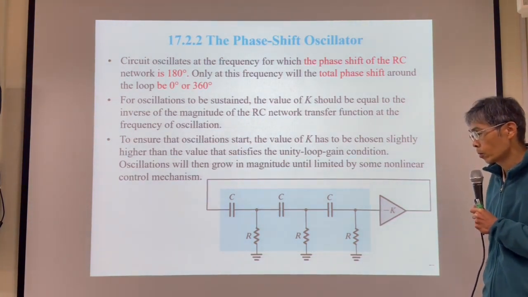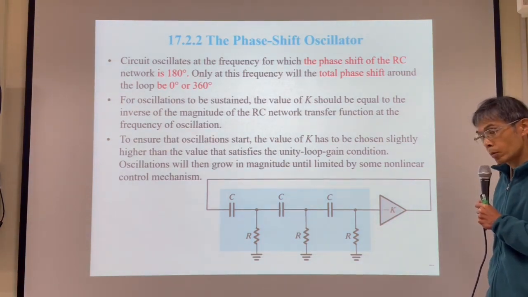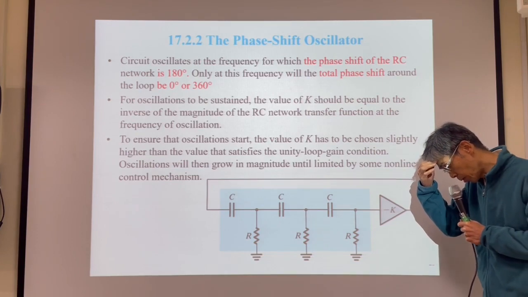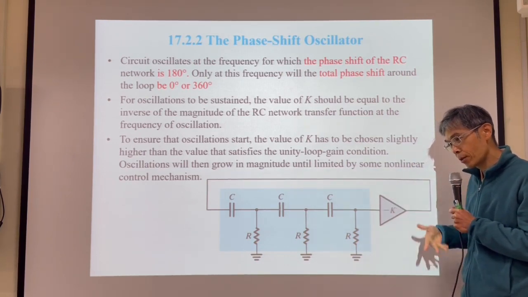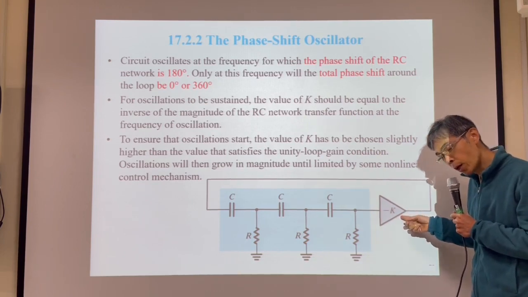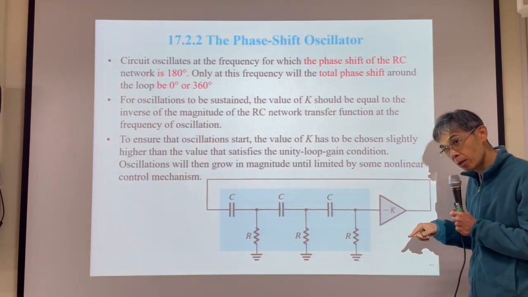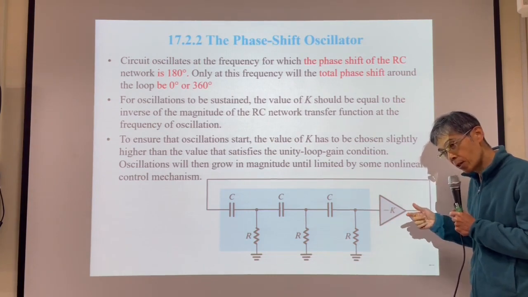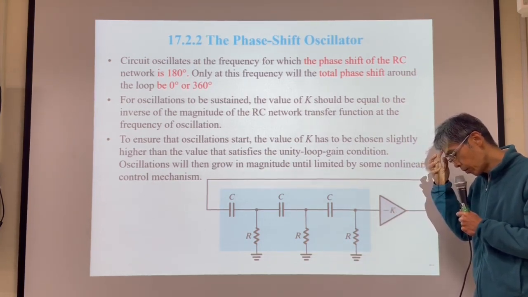From the start again: the oscillator needs to work at 0 or 360, and K is a positive number so its phase is 0, and it has a minus sign, so the phase is 180.